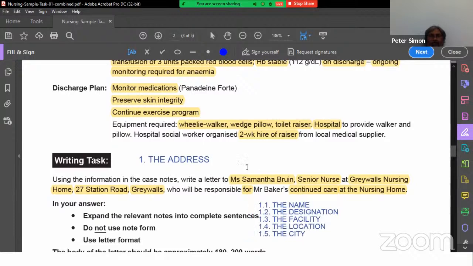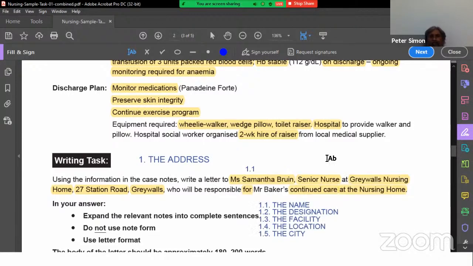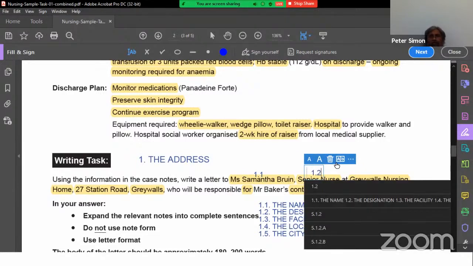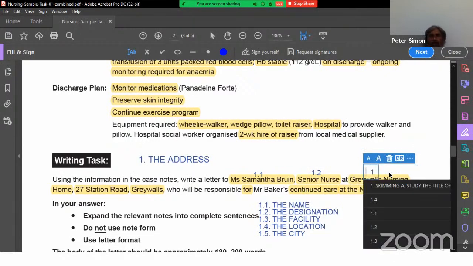Fine. This is 1.1. That is the name, Miss Samantha Bruin. And the second one is the designation. That is 1.2. Then 1.3.